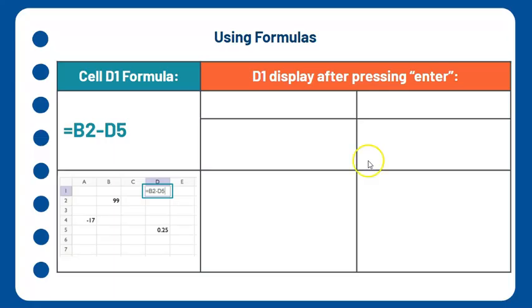In this example, the formula equals B2 minus D5 is typed into cell D1. This means that the value that will appear in cell D1 is the difference between the value in cell B2 and the value in cell D5.